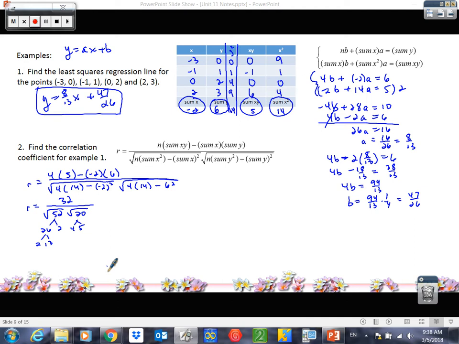So this shows me that I'm going to have 32 over, I have a 2 from here and 2 from there, so 4 square root of 13 times 5. 13 times 5 is what, 65? And then 32 fourths gives me 8. So we have 8 over root 65. That's our R. R is 8 over root 65.